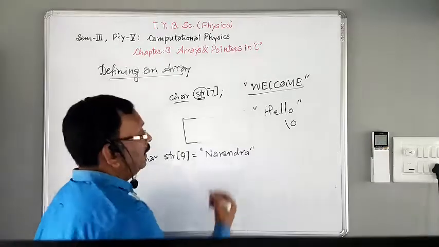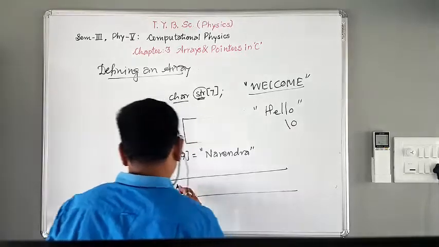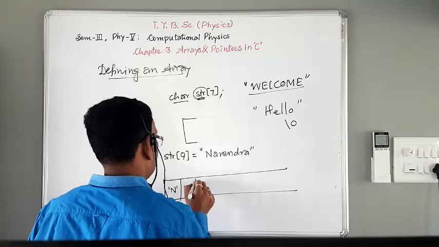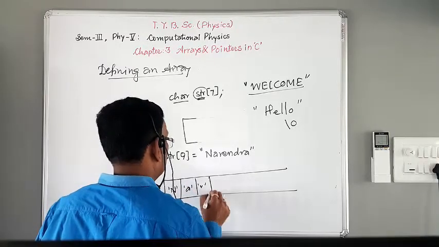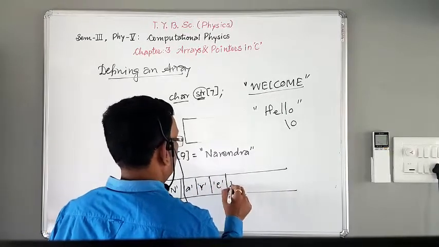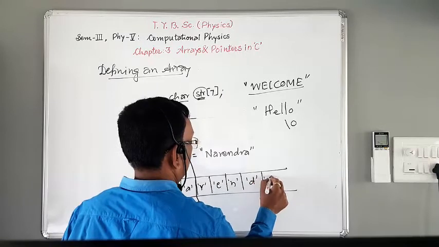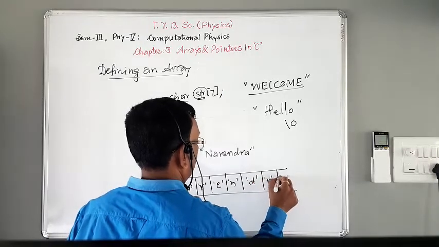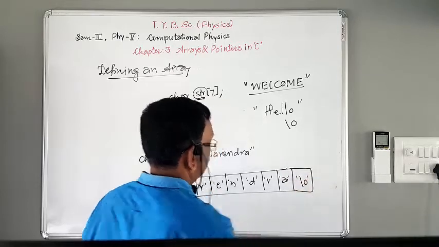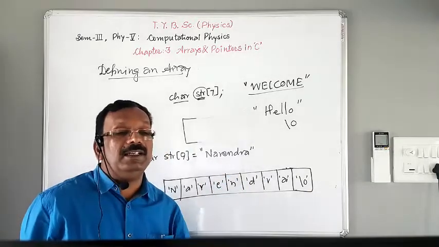So when we declare like this, it acquires the memory locations like this. And last, in this way we can initialize the string in a program.